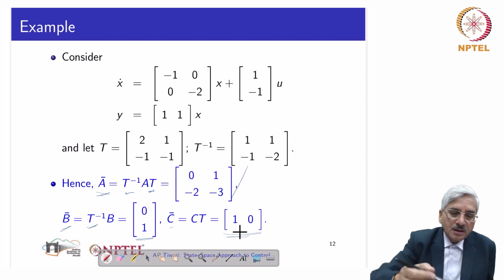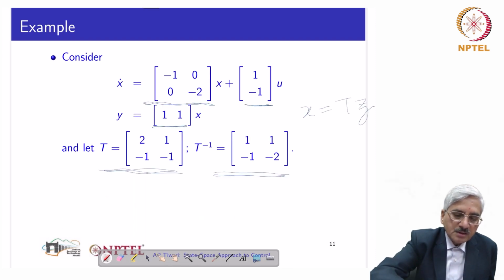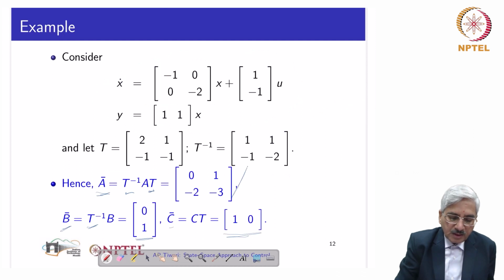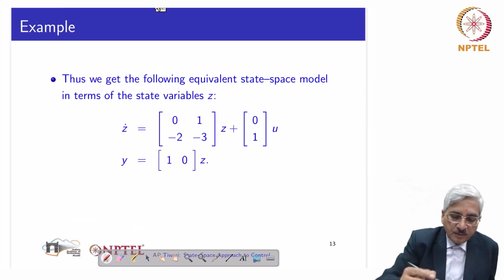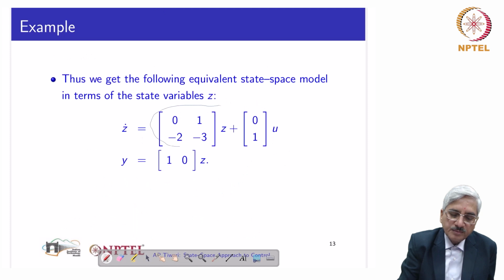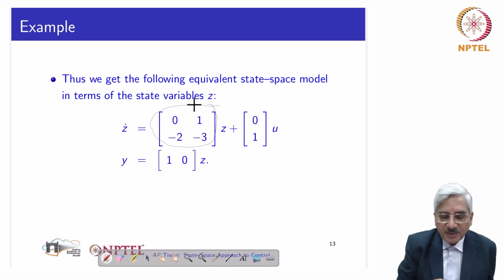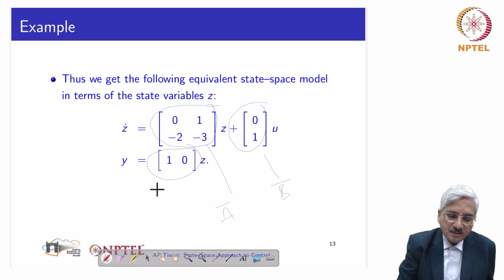So the system equation which was given as this one will change to the one given by this one. This will become the system matrix in the new representation, this will become the input matrix, and this becomes the output matrix. A bar, B bar, and C bar, as they were introduced in the previous slides.